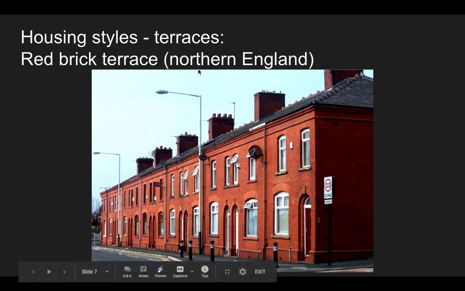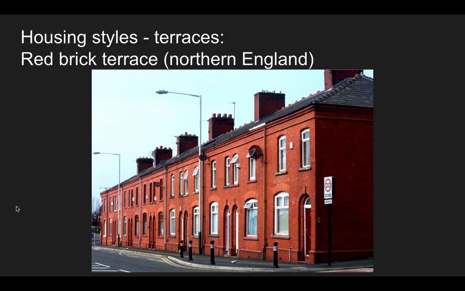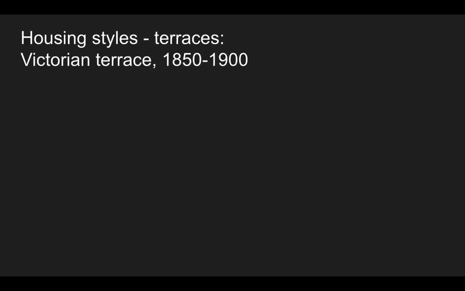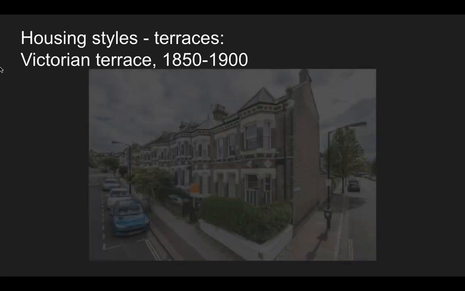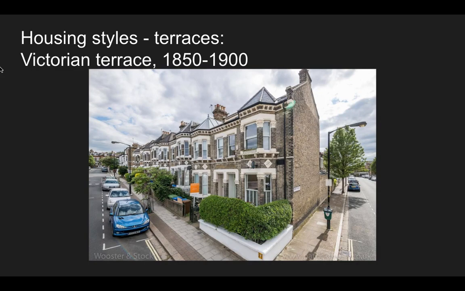And in the north of England, it's very common to find red brick terraced houses. So the houses are very red. It's also very common to find terrace houses from the Victorian period, so from about 1850 to 1900. They might look like this. This is a Victorian terrace.